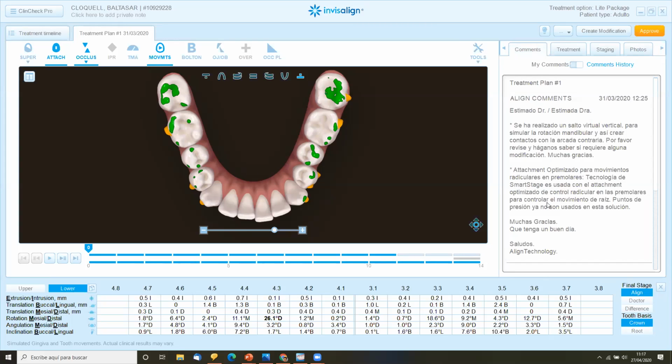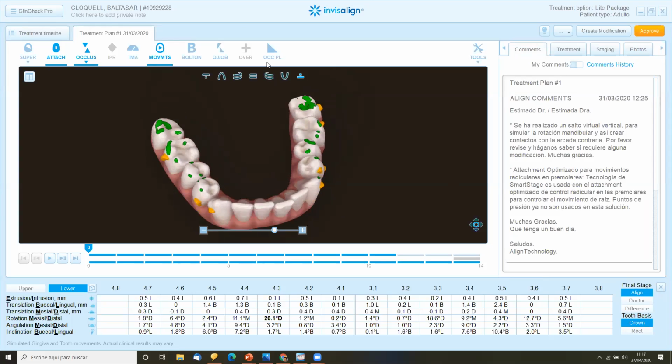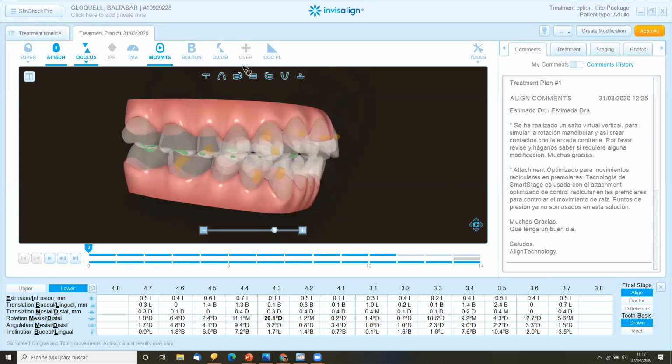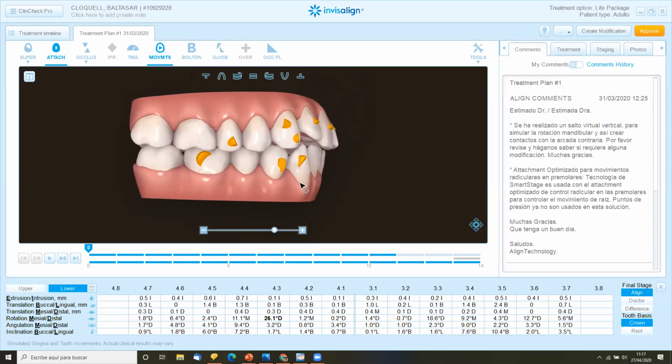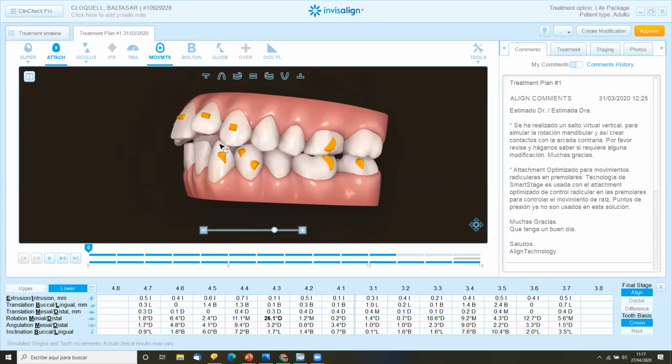Next comment, about optimized attachments. Okay, they are telling us that we have root control attachments. Look, please, at the 15, at the 13, 34.